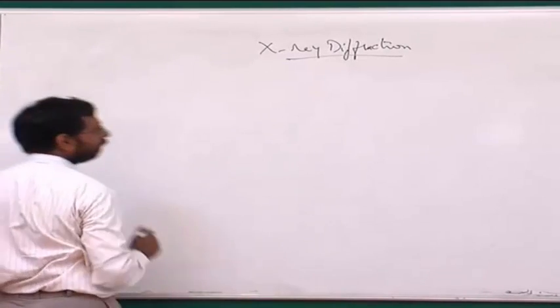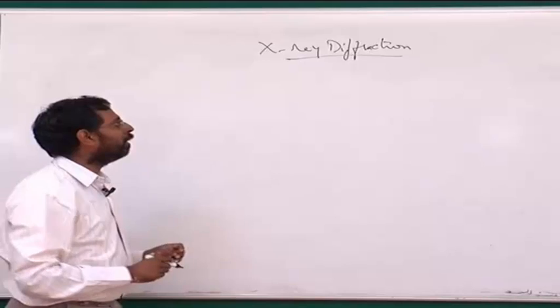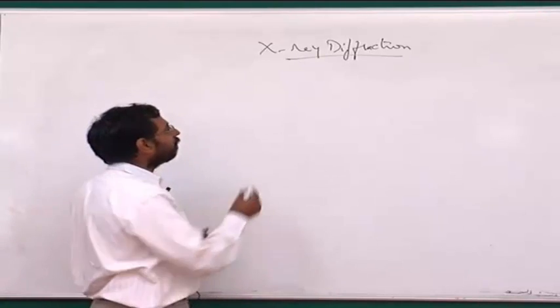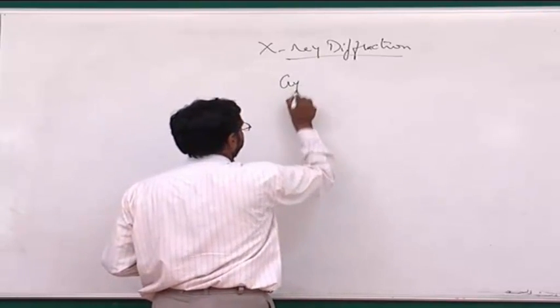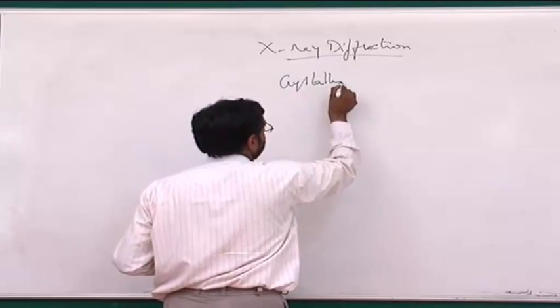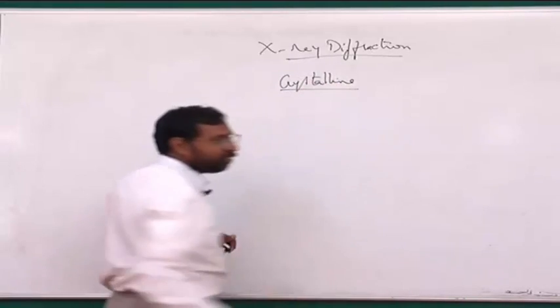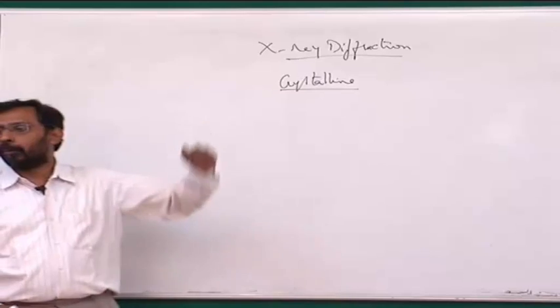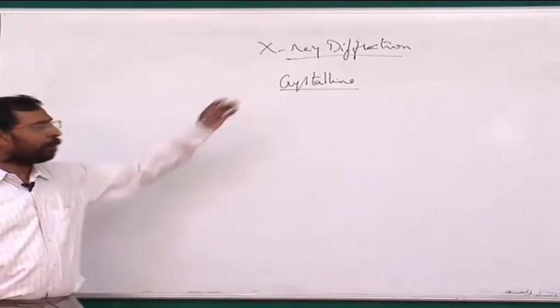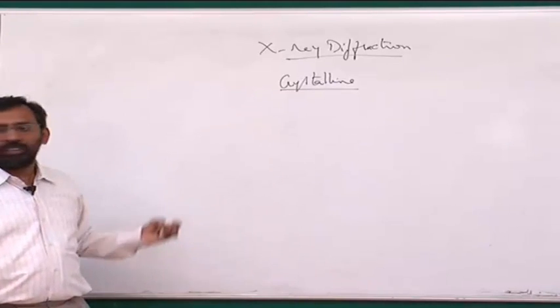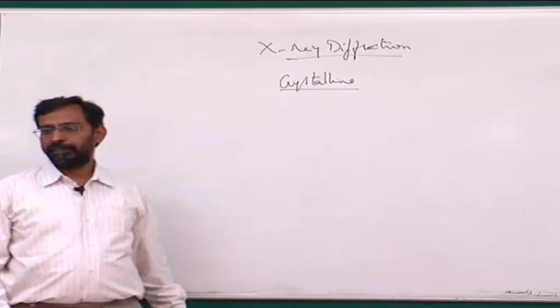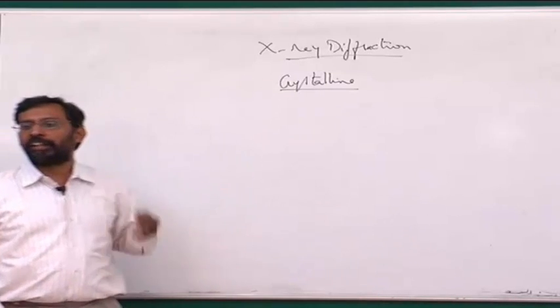Diffraction works from a principle that materials are crystalline in nature. In the first class, we talked about crystalline and amorphous materials, and crystalline materials are those which have periodicity, or quasi-periodicity.